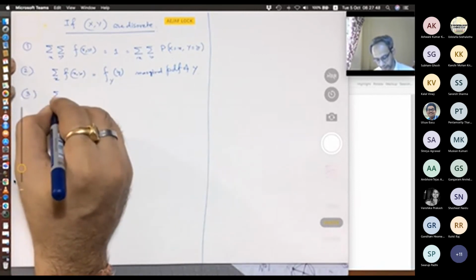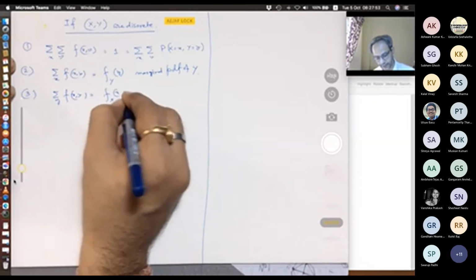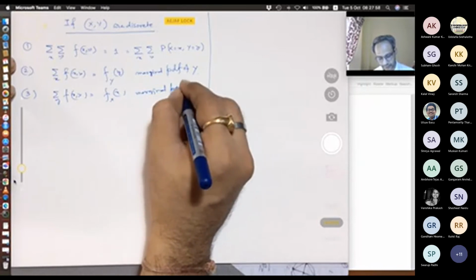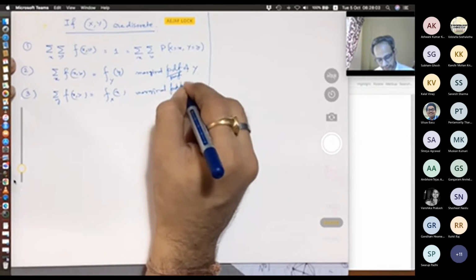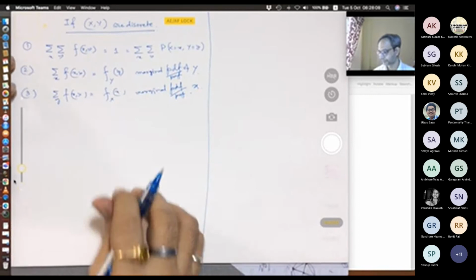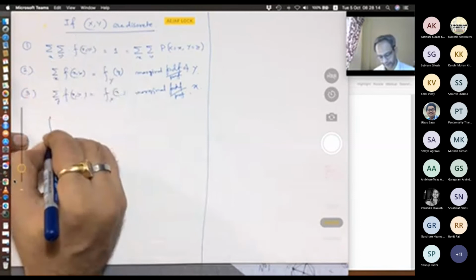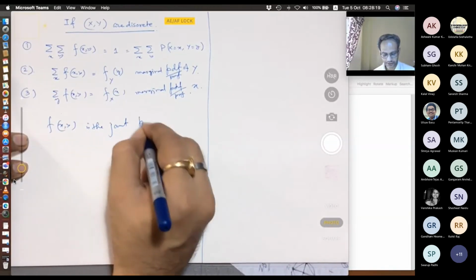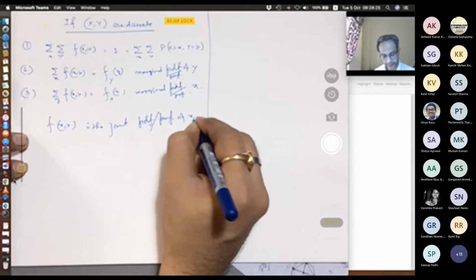Similarly, the sum over y of f_xy equals f_x of x, the marginal PDF, or sorry, PMF, you can write PDF or PMF, of x, and f_xy is the joint PDF or PMF, whatever you say, of x, y.